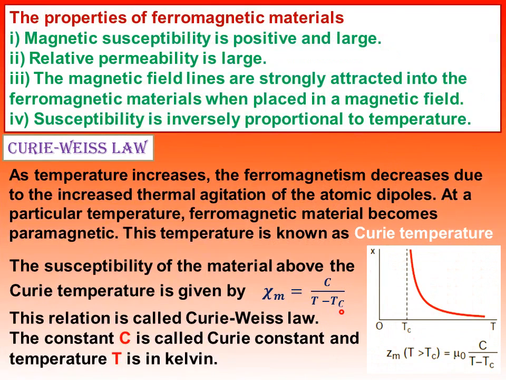The constant C is called Curie constant and the temperature T is in Kelvin. So Xm for T greater than Tc is equal to mu naught into C by T minus Tc.